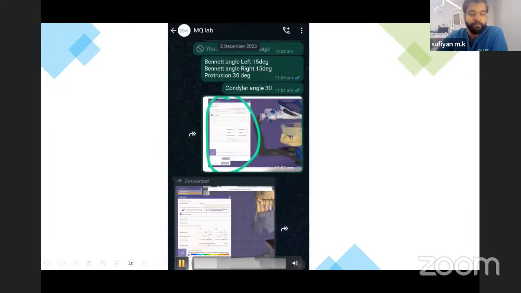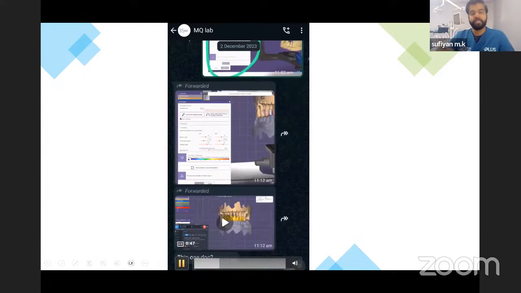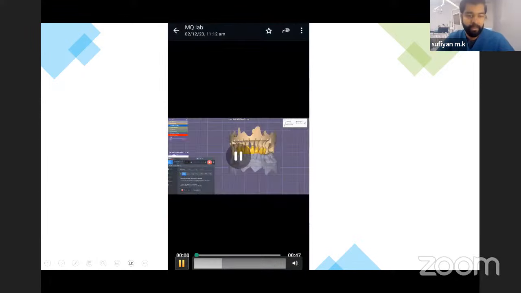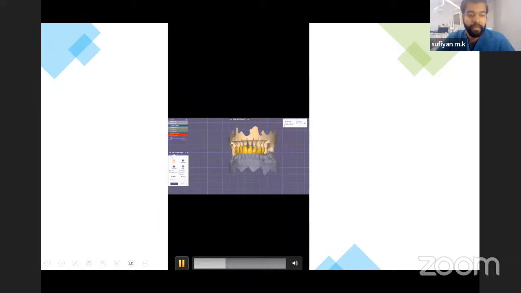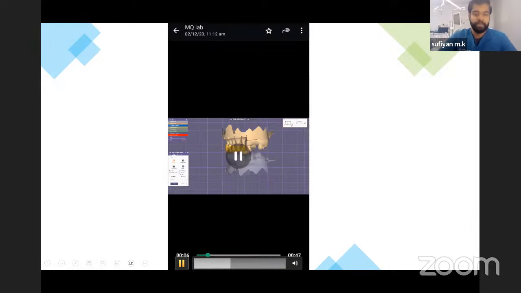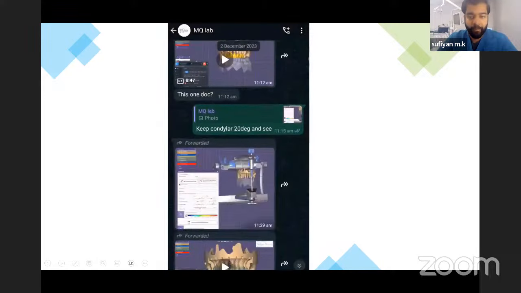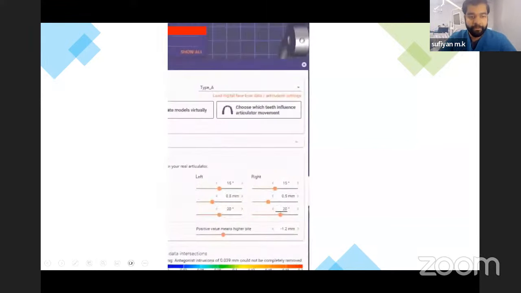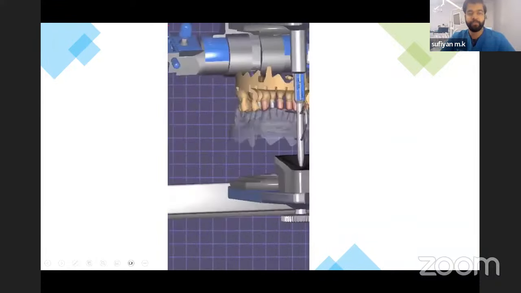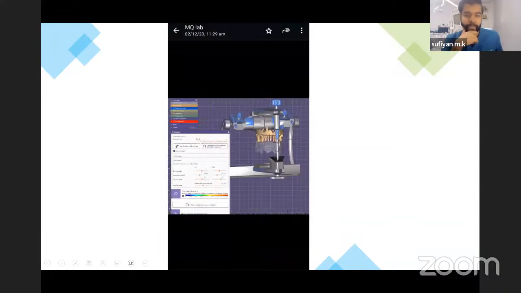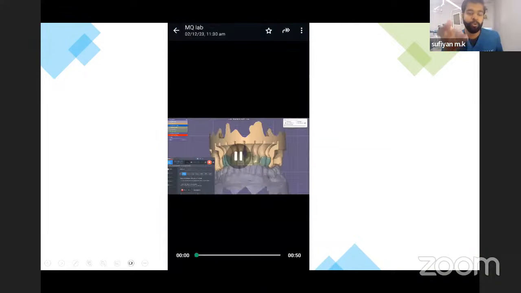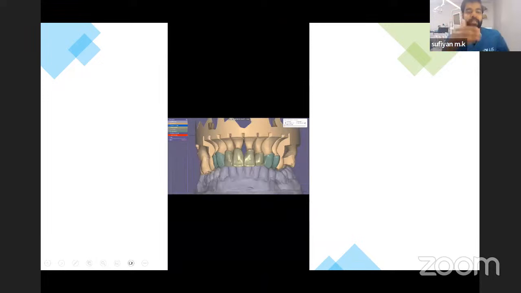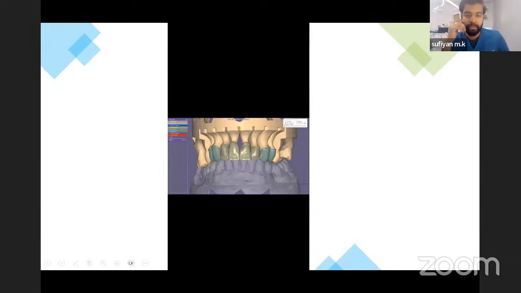So I tell him, Mr. Lab technician, please keep this angle at this level, and then check the lateral movements and check if any interferences are there, protrusion, all the teeth are touching in a very ideal manner, get a good anterior guidance, keep the Bennett angle, immediate shift. All these things I manage with the lab technician, and I know how to use ExoCAD. That's the reason I tell him, Mr. Lab technician, you do like this.